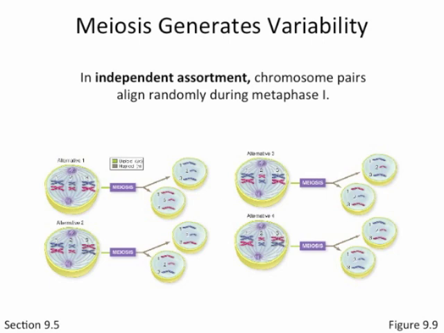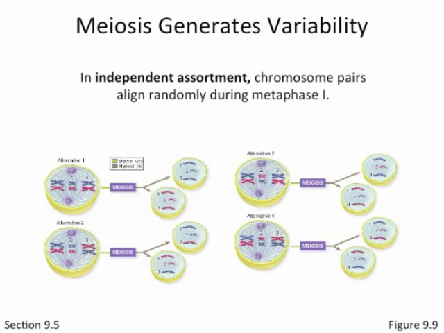In alternative 3, 1 and 3 lined up with the blue on top and the red on bottom, and 2 was in the opposite orientation. And in alternative 4, only 1 had the blue on top and the red on the bottom, and 2 and 3 were in the opposite orientation. Now you end up with, from alternative 1, and this is ignoring crossing over, so you'd add that extra bit on top of this, an entirely blue and an entirely red sperm cell, perhaps.